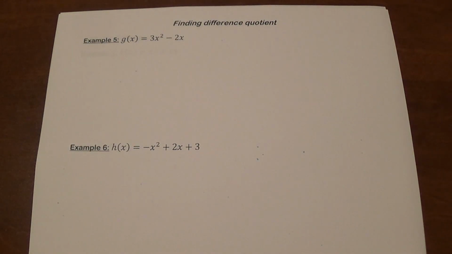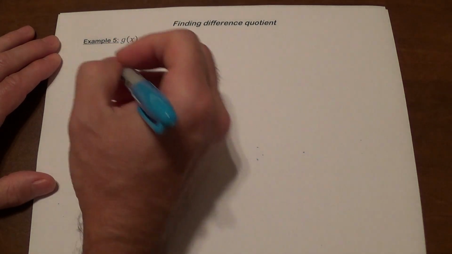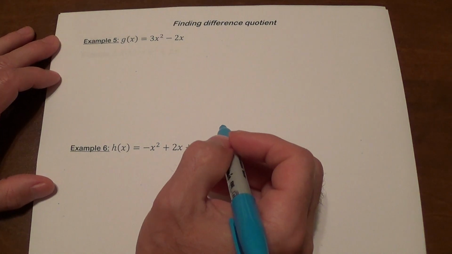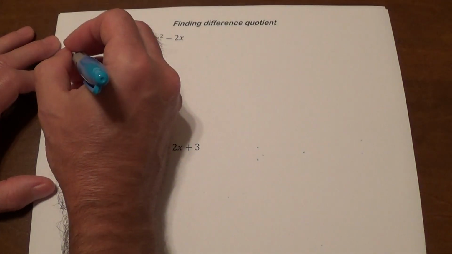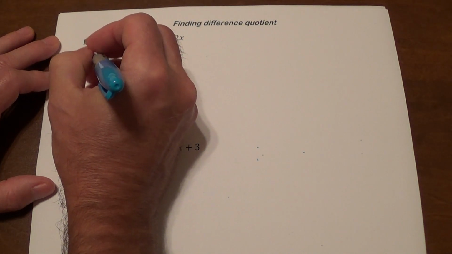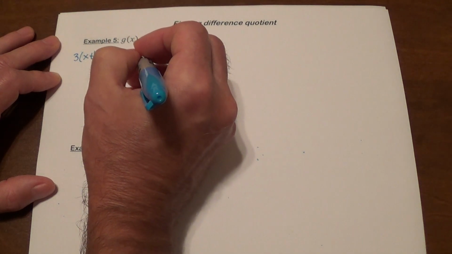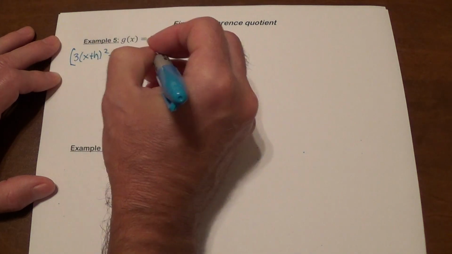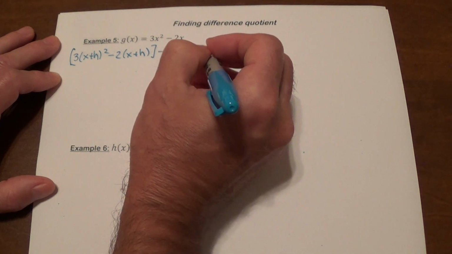Okay. Same thing with a quadratic, but now it's a little bit more involved because you have two terms containing x. What you do is substitute x plus h into every one of these terms. That is going to be 3 times (x plus h) squared minus 2 times (x plus h), and then minus the function itself.